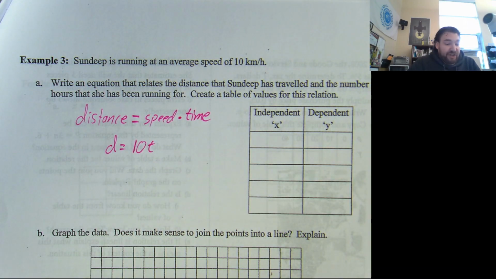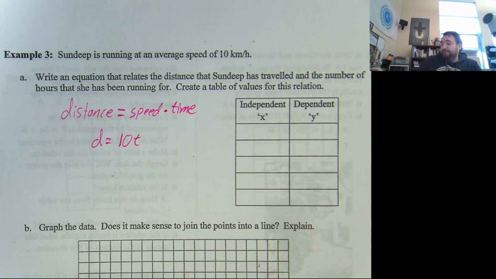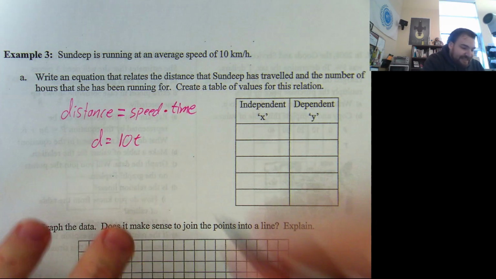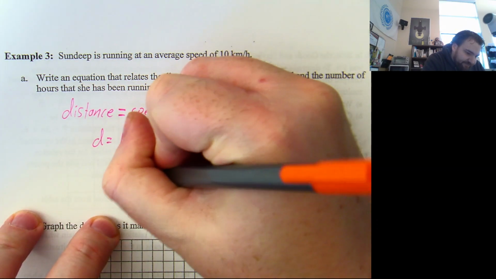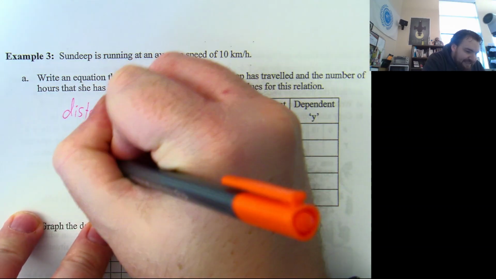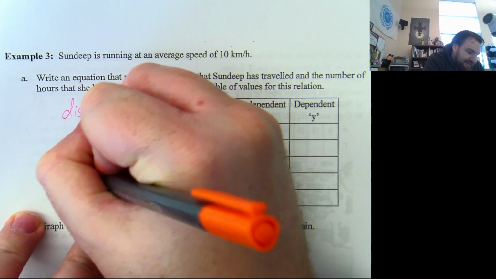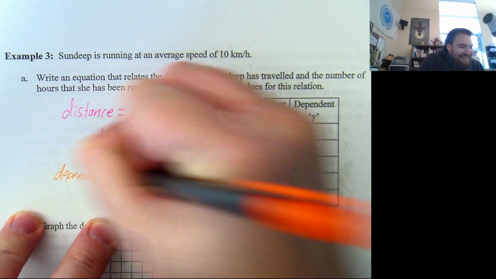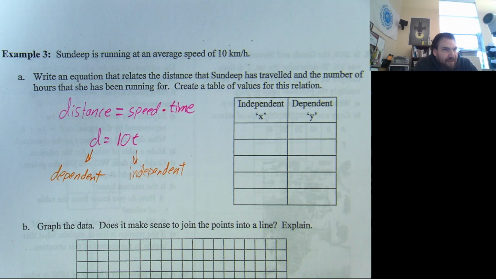So that's the equation. Which one of those variables is dependent? Which one's independent? T is independent. And D is dependent. 98% of the time, time is independent. You don't get to choose time.